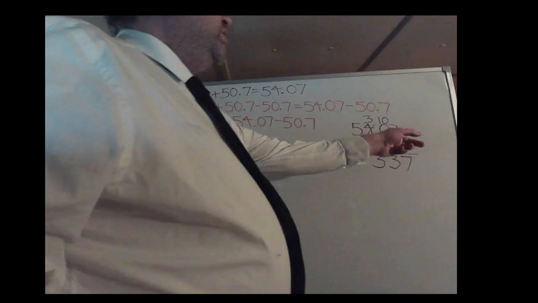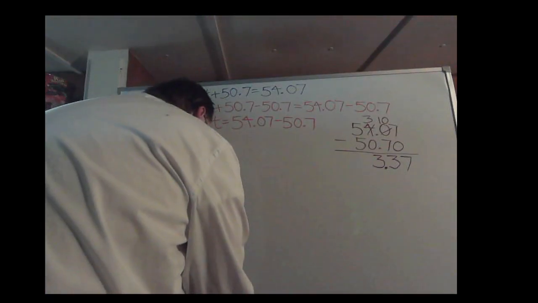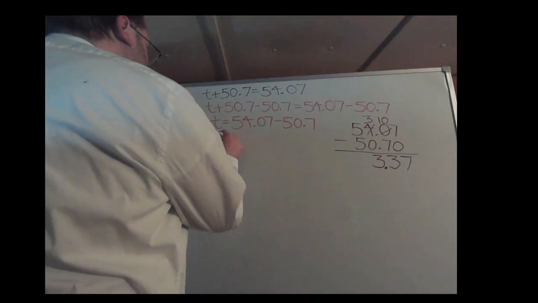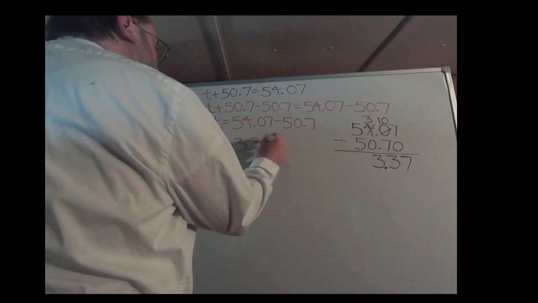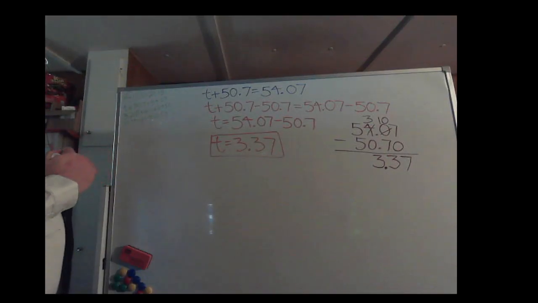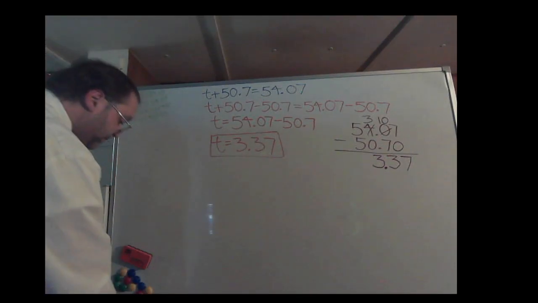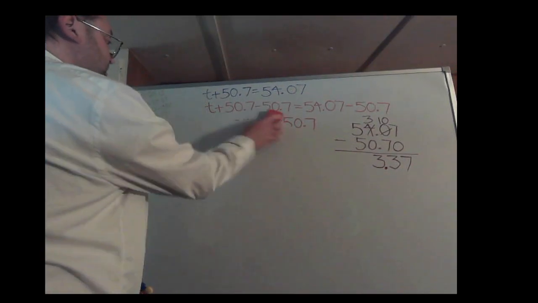So since both terms of the equation had two decimal places, your answer must also, which would end up being 3.37. So your answer to this is going to be t is equal to 3.37. And that would be all there is to it. T equals 3.37. Alright. Not too bad so far, right?